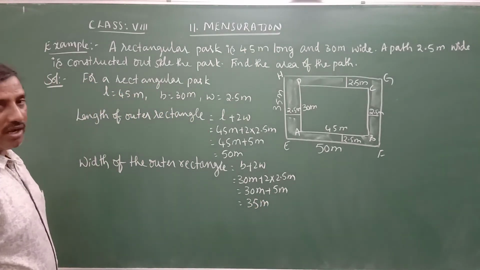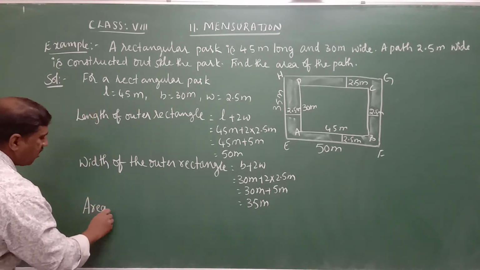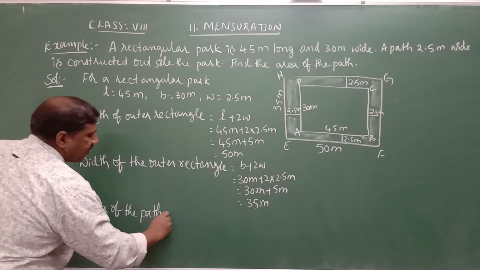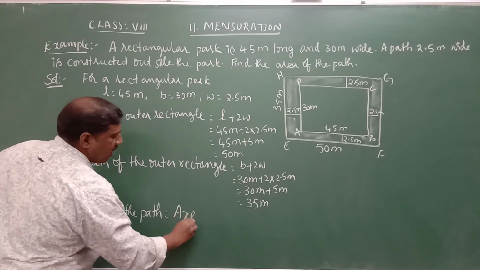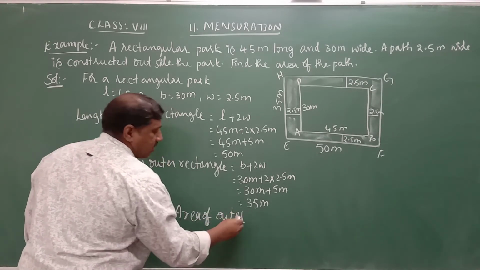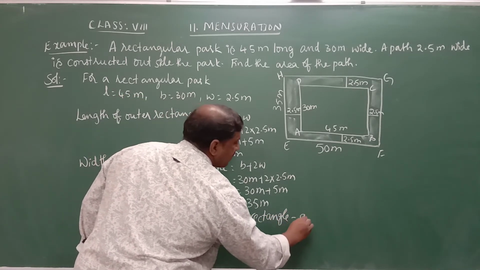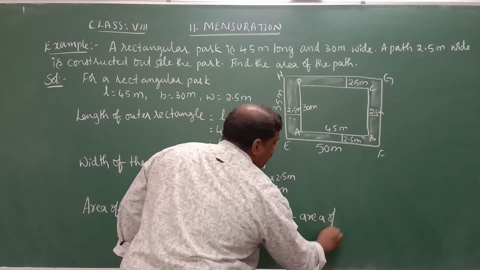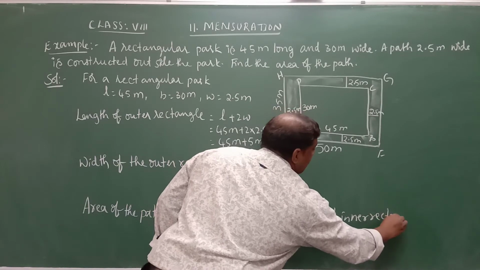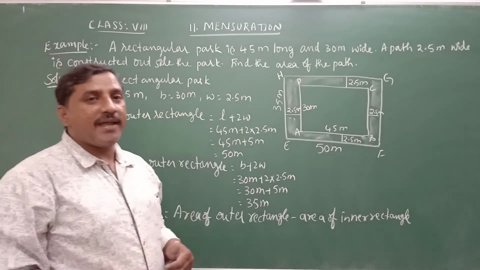So finally, what we have to find is the area of the path. The area of the path is the area of the outer rectangle minus the area of the inner rectangle. The formula for the area of a rectangle is length into breadth.